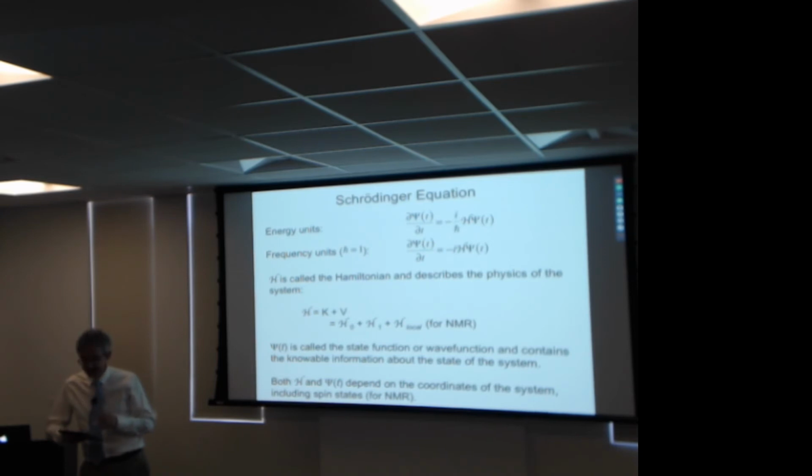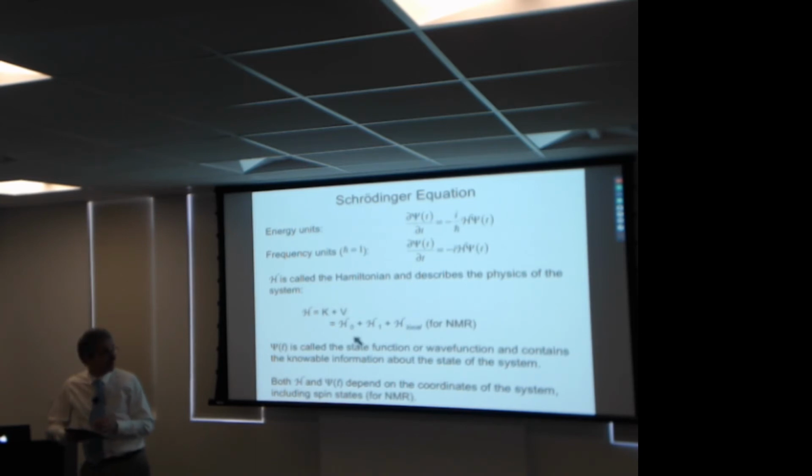Now, h in general is the kinetic energy of the system plus the potential energy. And luckily for us, there's no kinetic energy that we need to think about. We'll just have the various potential energy terms, and these Hamiltonians in NMR will turn out to be very simple.